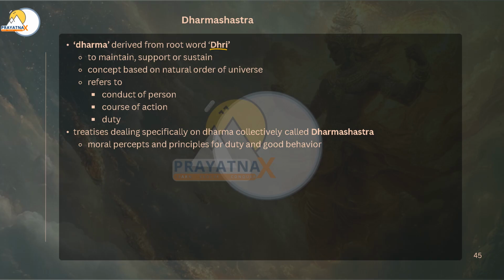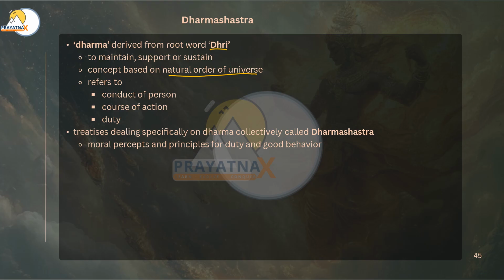Now, this meaning is very broad and is often difficult to translate. So, this concept is based on the idea that the universe is governed by a natural law, and that the moral laws guiding the lives of people should be in consonance with this natural law. So, here it basically refers to the ideal conduct of a person, the course of action he should have, which will lead to the fulfillment of his goal.